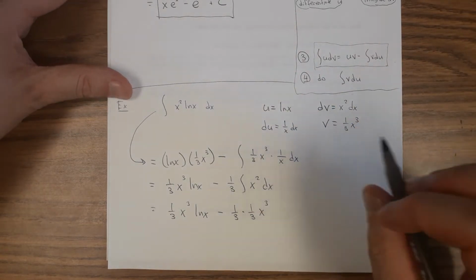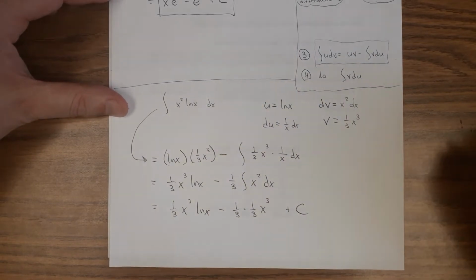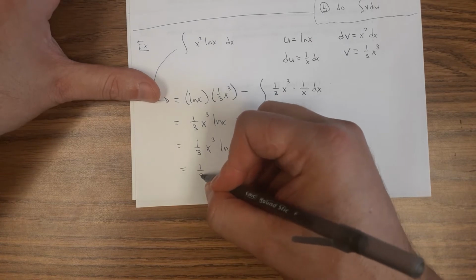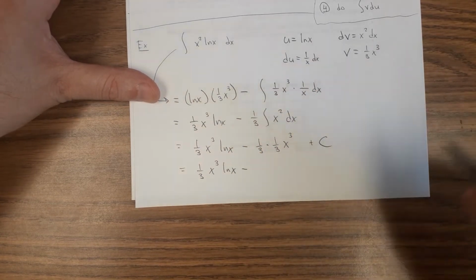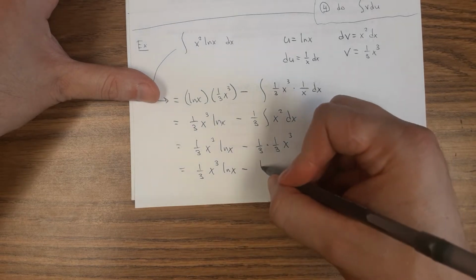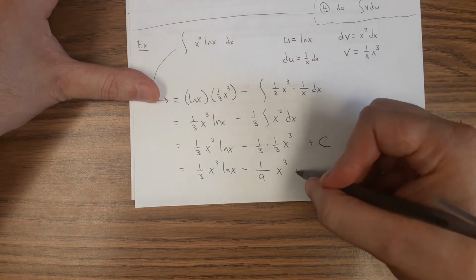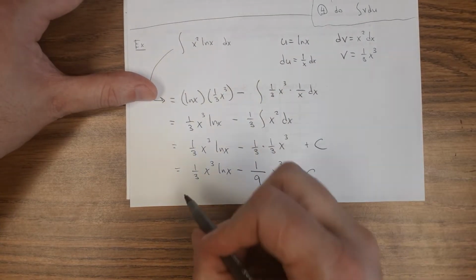And at this point, I've done all the antiderivatives, so I'm going to put a plus c. And I guess I should clean this up. This is the part I am too bored to pay attention to, but 1/3 times 1/3 is 1/9.